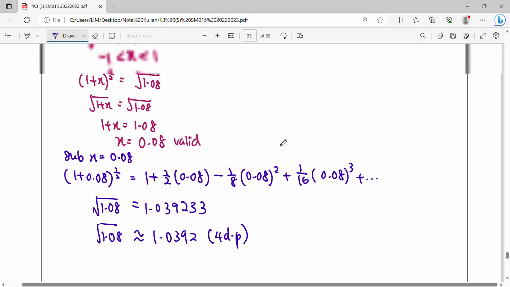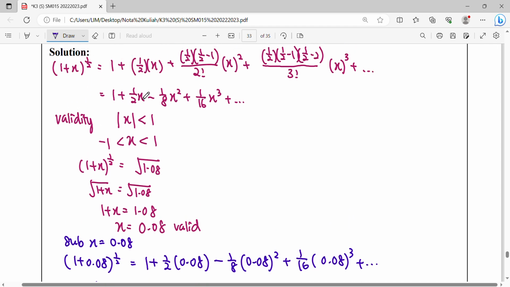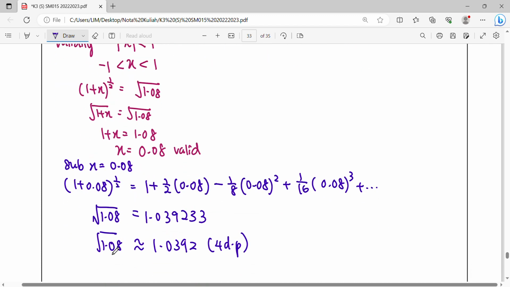So this is how we use expansion to find out the square root of 1.08.